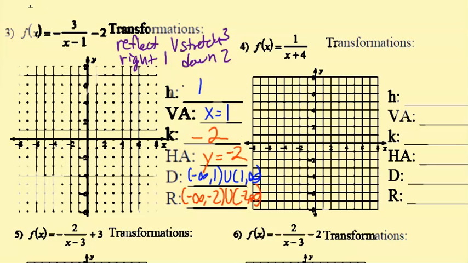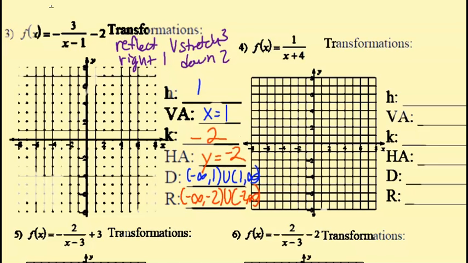Let's graph these. So first you want to graph the asymptotes. Let's graph the vertical asymptote at x equals 1. So right here. And then let's graph the horizontal asymptote at y equals negative 2.